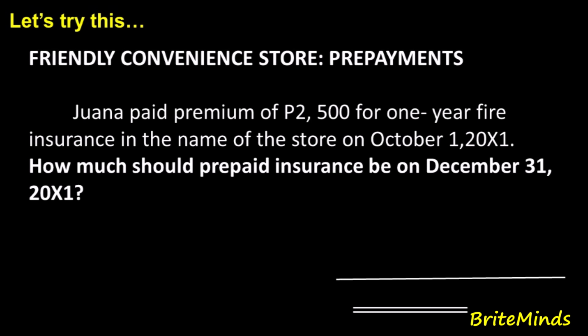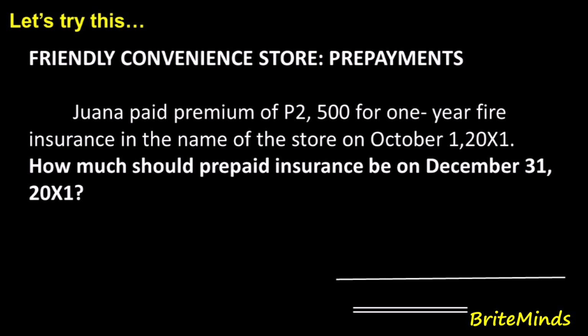So the insurance will cover the period from October 1st, 20X1 until September 20X2. And then the problem is asking how much should the prepaid insurance be on December 31st, 20X1.